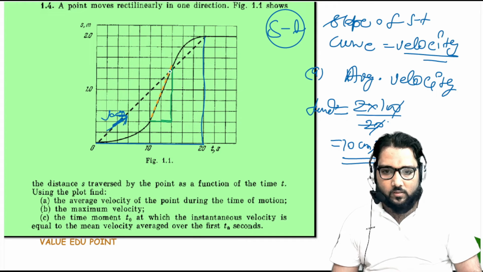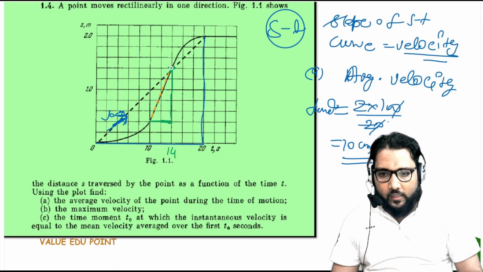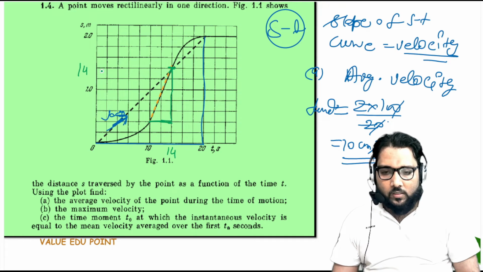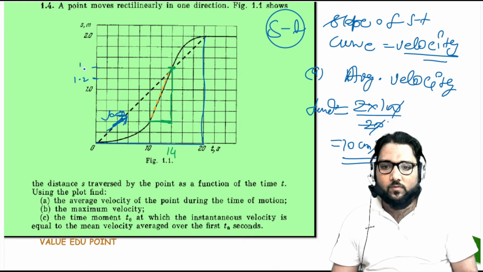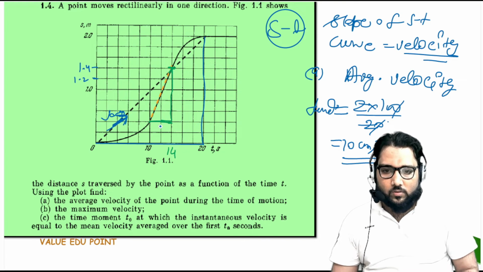So we focus on this triangle. This point is approximately 14, and this is point 2, this is again 14. This is 10, so not 14 guys, this is 1, this is 1.2, this is 1.4. Or this point comes out to be 0.2, this is 0.4.